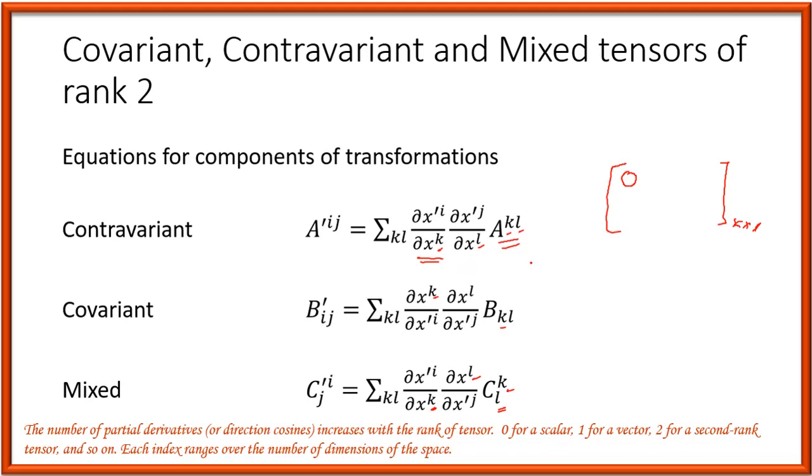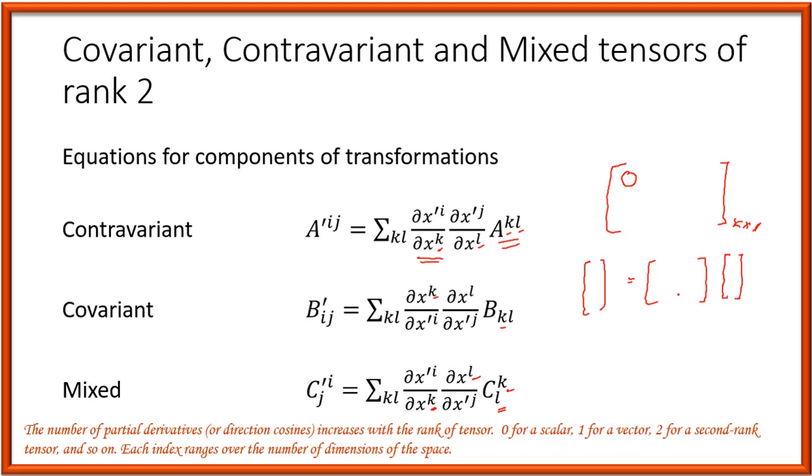And if we were dealing with a rank 3 tensor, then there would be 3 direction cosines. So for a scalar there would be no direction cosine, that is, the components remain the same. Whereas for a vector we have one direction cosine, and the direction cosine itself is denoted by a matrix. That is, when we are transforming a vector, the transformation is done by another matrix.